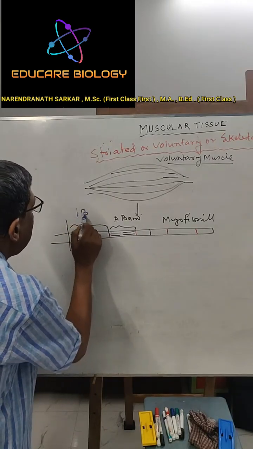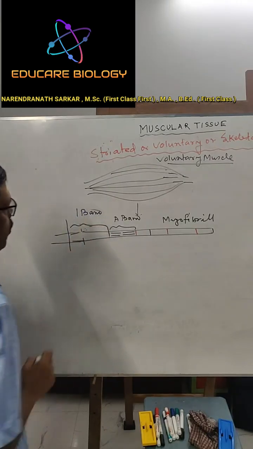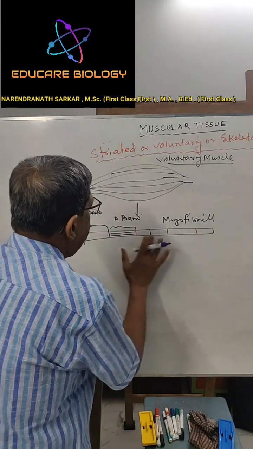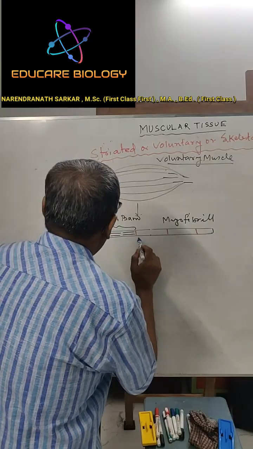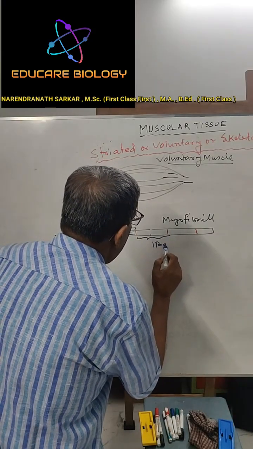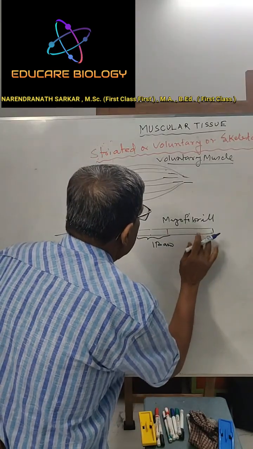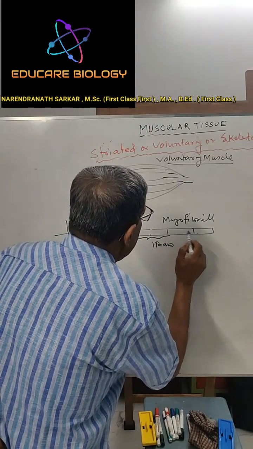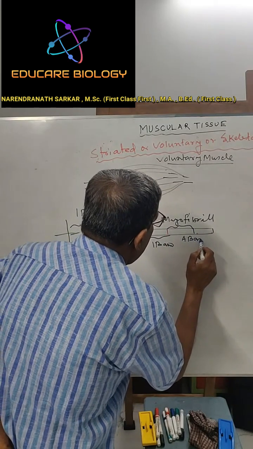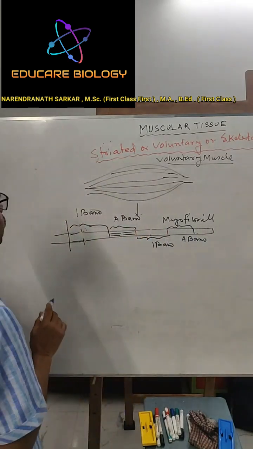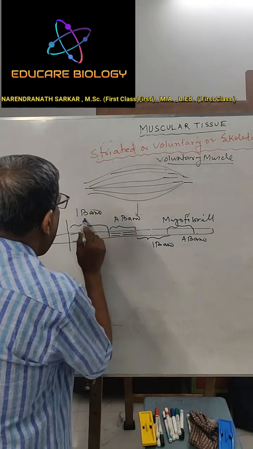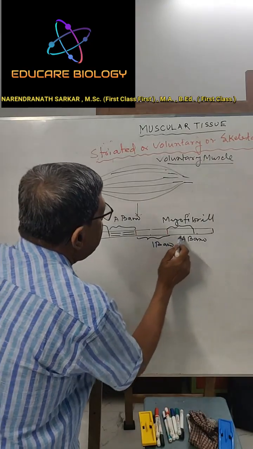Next, A band, I band. Next, A band. Alternately, I band, A band, I band, A band.